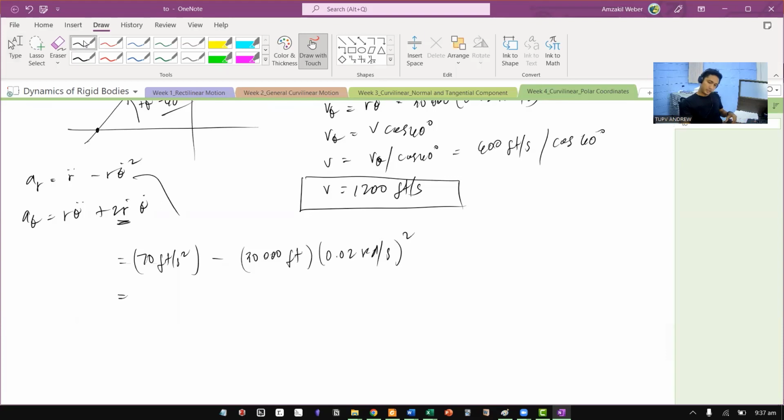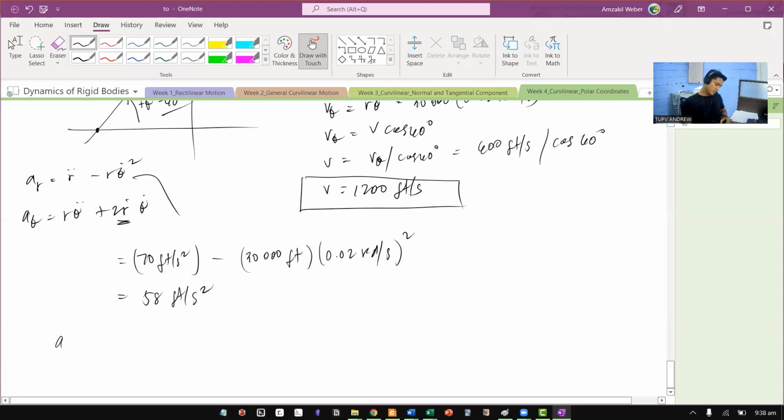Okay, so planning the answer: 30,000 feet times 0.02. Well, 70 minus 10 is 50. So the answer is 58 feet per second squared. That's for the A theta.